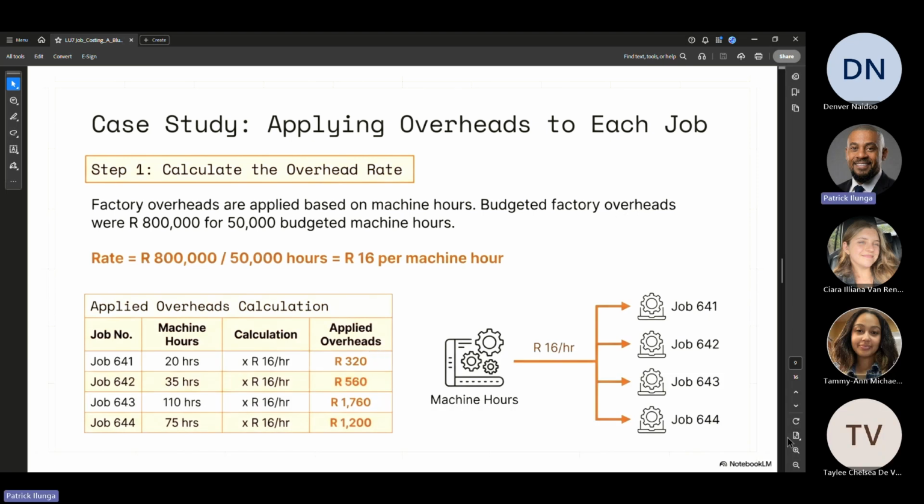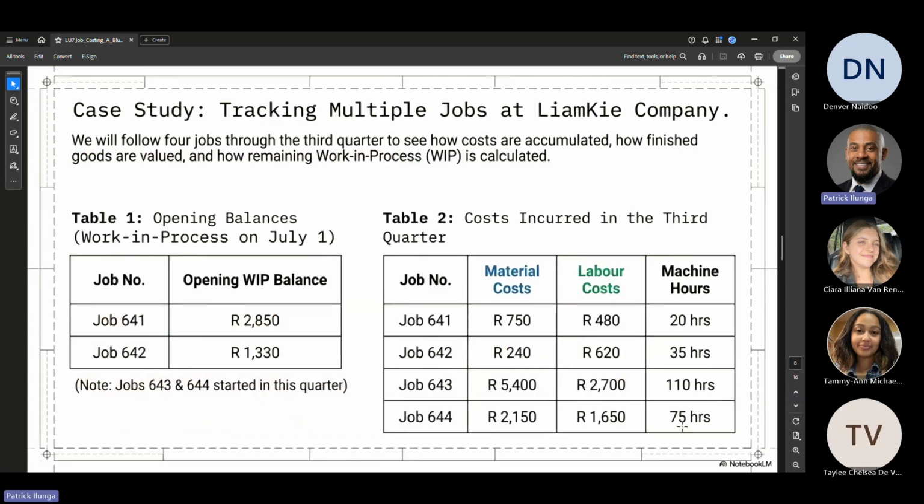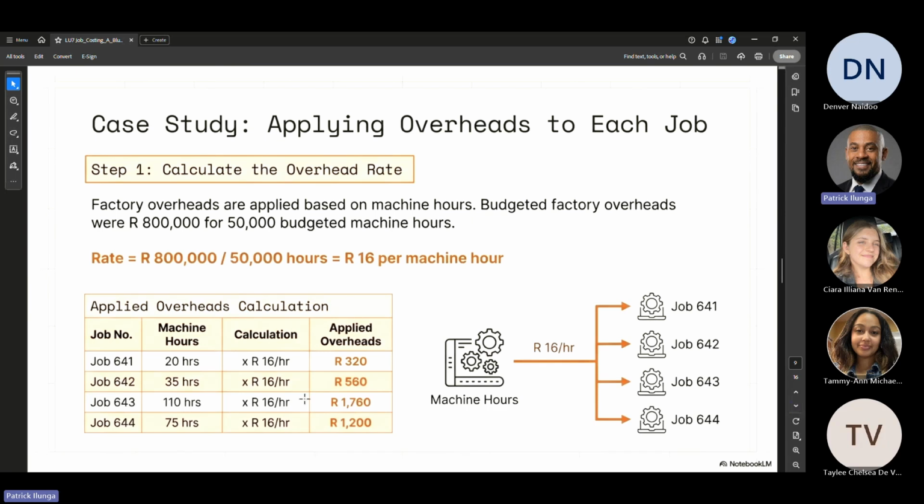So based on the machine hours they gave us for the different jobs, we can now multiply each one of these by 16. As simple as that. And that's what will give us the applied overhead. And guess what? As simple as that. You have the third musketeer.